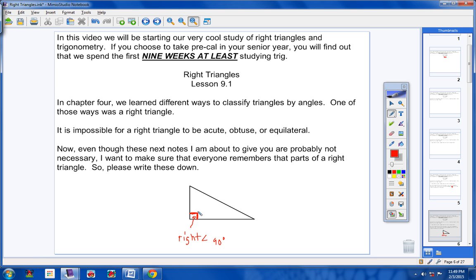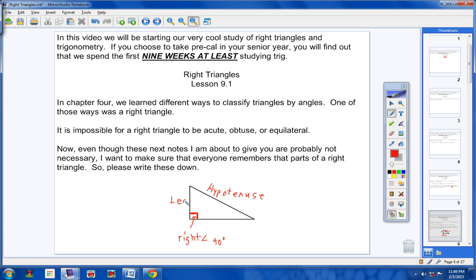The right angle always points to the hypotenuse. So this side over here is going to be called the hypotenuse. If you want a spelling on that, it's hypotenuse. Now the other 2 sides that are not the hypotenuse are called the legs.